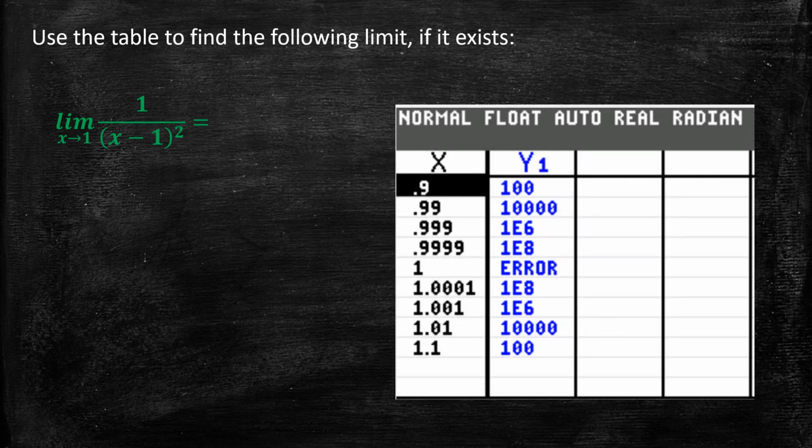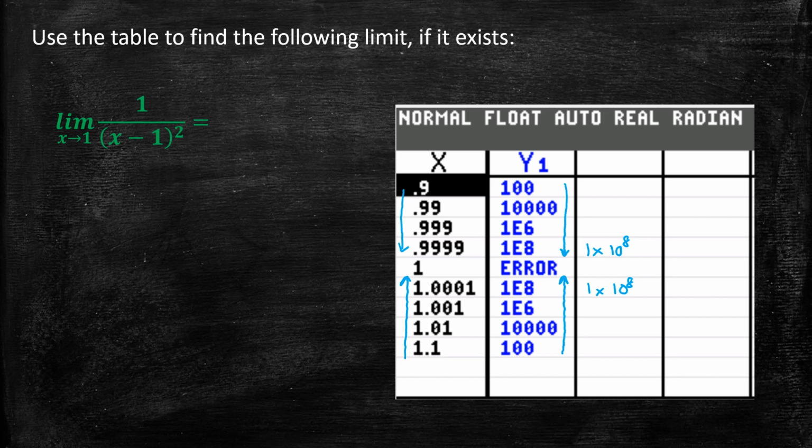Okay, so if we approach 1 from the left, we notice that y is getting actually pretty big. 1e8 means 1 times 10 to the 8, so pretty big number. And if we approach from the other direction, from above 1, then y is also getting pretty big. But notice it's not actually approaching a finite number. It's just getting larger and larger and larger.